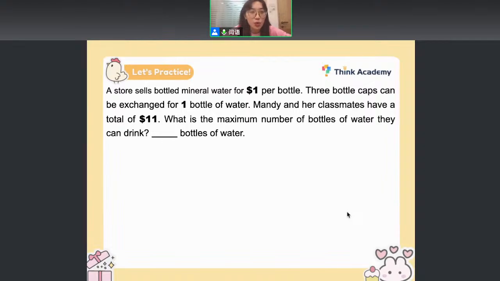A store sells bottled mineral water for $1 per bottle. 3 bottle caps can be exchanged for 1 bottle of water. Mandy and her classmates have a total of $11. What is the maximum number of bottles of water they can drink? Okay, try it again. Again, about the maximum.